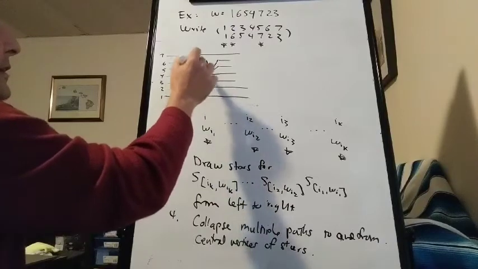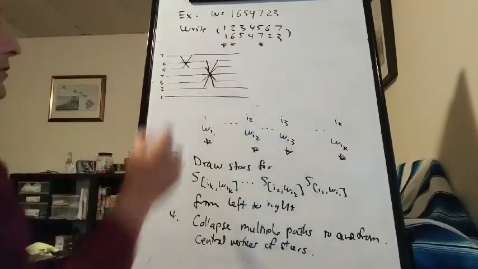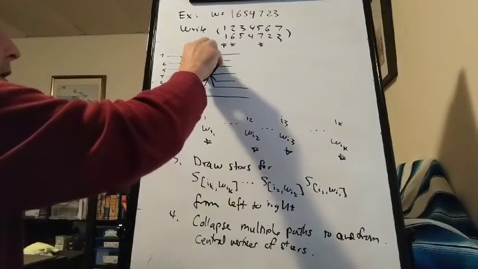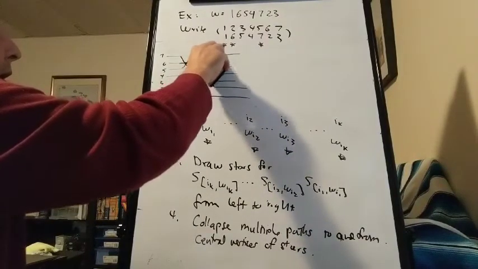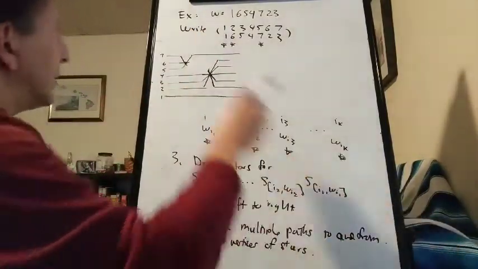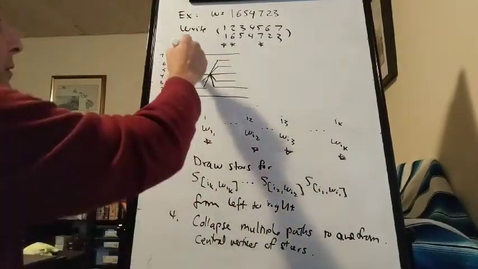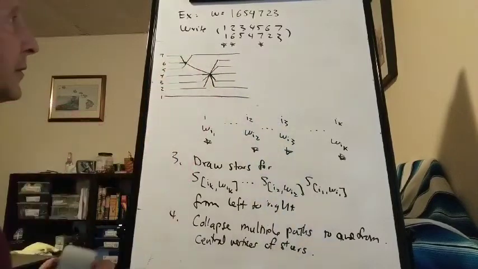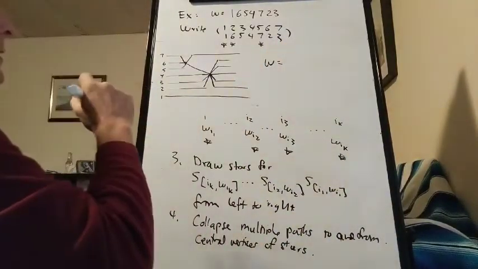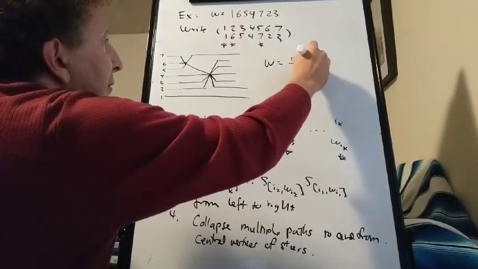Alright, now instead of connecting these, I can see that there's going to be two routes from the central vertex of this star to the center vertex of that star. So then I collapse them into just one path. And if we wanted, the reversal factorization of W is S(5,7), that's the first star.